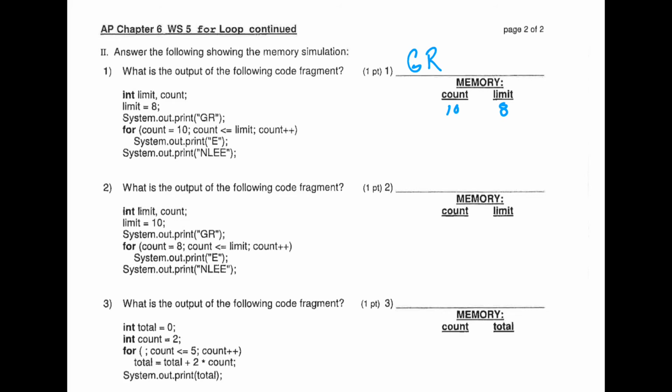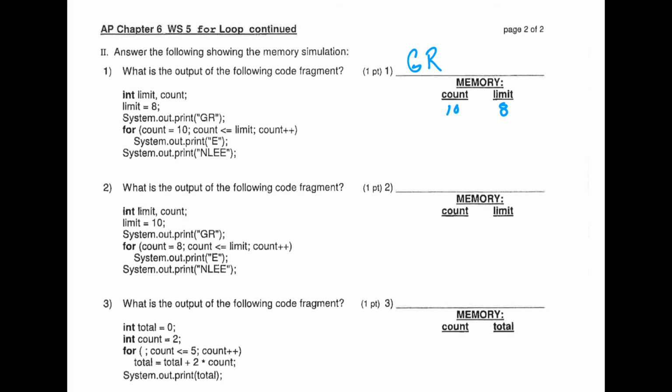So in this case, I can look over here and see count is 10, limit is 8. So this is going to run while count 10 is less than or equal to 8. And if you do know something about math, you do know that 10 is not less than or equal to 8. So therefore, this loop is actually not even going to run.